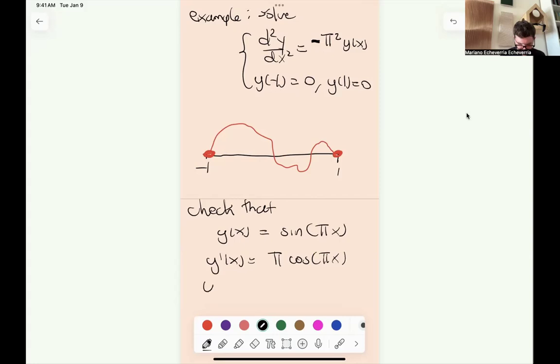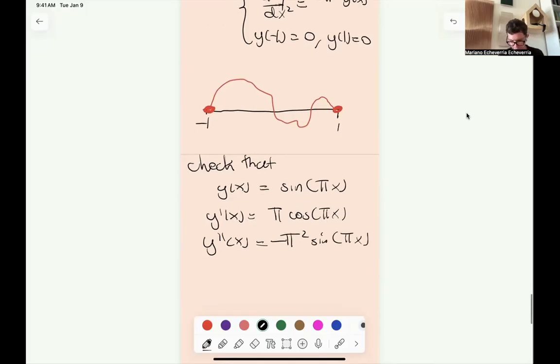And if you take the second derivative with respect to x, you get minus pi squared sine of pi x. And y of 0 would be sine of 0, which is 0, and y of 1 would be sine of pi, which is also 0.